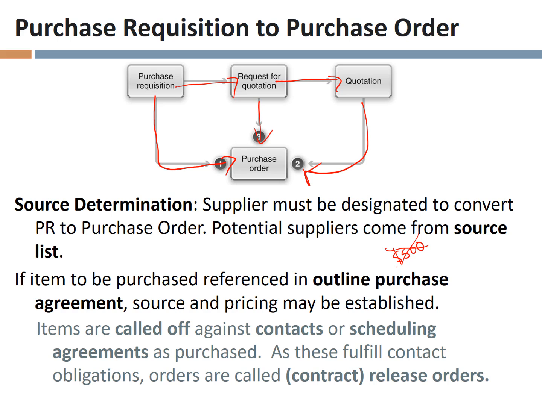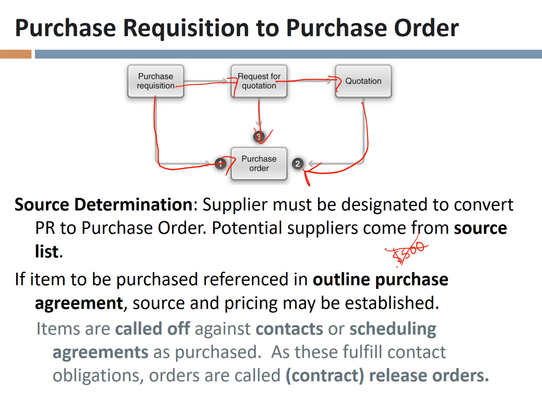Or maybe once I fulfill a given contract in a given quarter, I could buy from another coal supplier if I were inclined. It's whatever our contract says here. But in this situation, this would be called a scheduling agreement, because I have a contract that specifies my purchases for a given period of time.